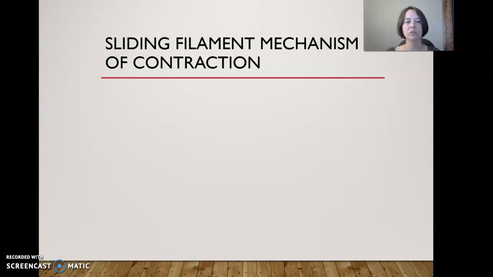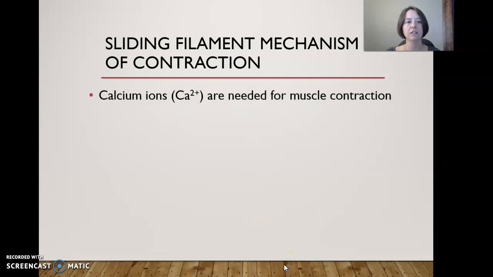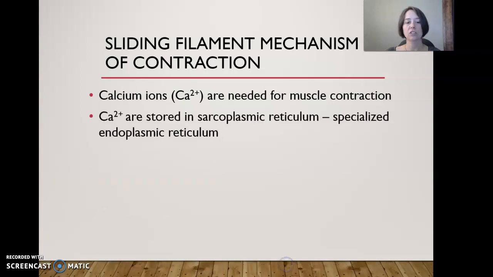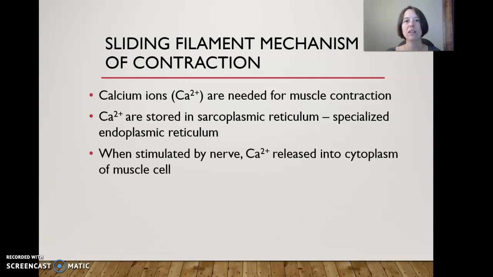I want to talk a little bit more about the sliding filament mechanism of contraction. And in this, calcium ions are needed for muscle contraction. So you know calcium is important for bones and also for muscle contractions. And they are stored in the sarcoplasmic reticulum, which is that specialized endoplasmic reticulum we talked about earlier. And when they get the message from the nerve, the calcium ions in the sarcoplasmic reticulum are released into the cytoplasm of the muscle cell.